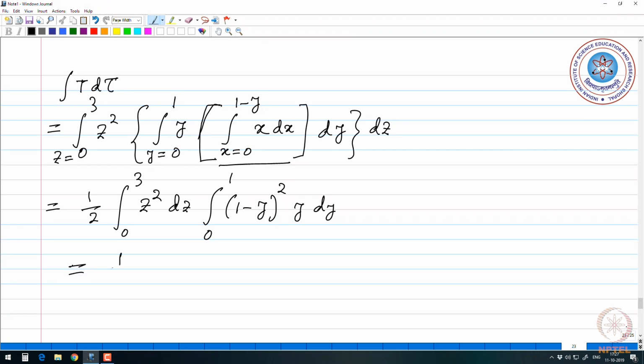That will give us half times 9 from the z integral and 1 over 12 from the y integral. So, we will end up getting 3 over 8. This is how we perform volume integrals in Cartesian coordinate system. So, setting the limits is very important on this occasion.